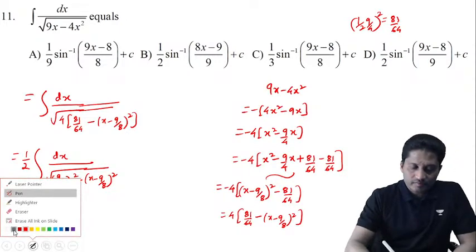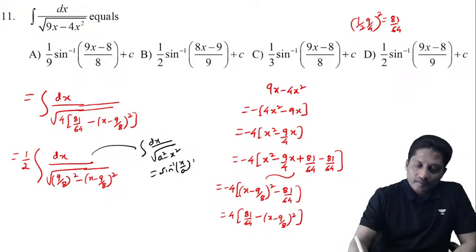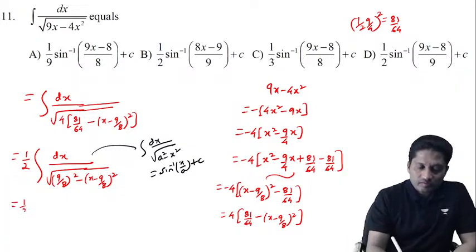Now this is of the form dx divided by root of a square minus x square, which is sine inverse of x by a. Okay, so this is 1 by 2 sine inverse of x minus 9 by 8 divided by 9 by 8, and plus c.